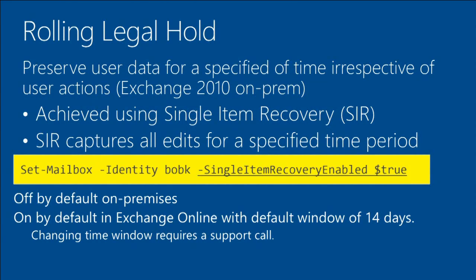So what we've suggested in the past is to use a rolling legal hold, where you can set single item recovery, and you can set the deleted item retention period to whatever you like. That kind of emulates time-based in-place hold. The caveat is it's going to calculate the time from when the item was deleted. So something to keep in mind. If you're on 2013, then you can actually set the duration of your legal hold.